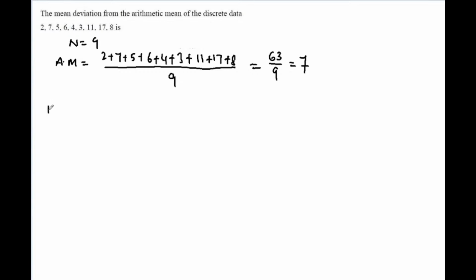And mean deviation M is equal to the sum of modulus of x minus AM, arithmetic mean, by n.